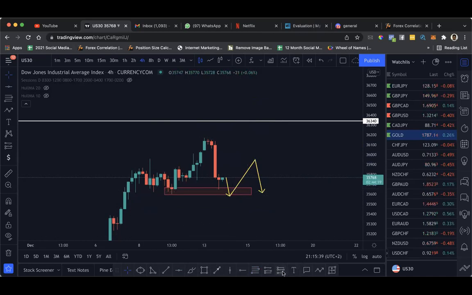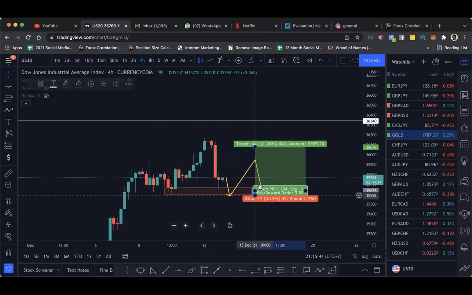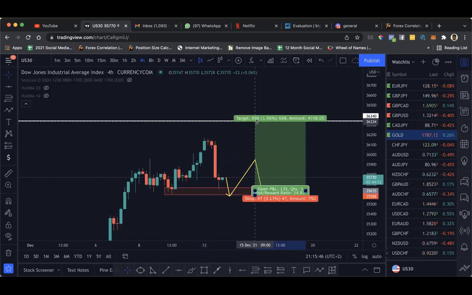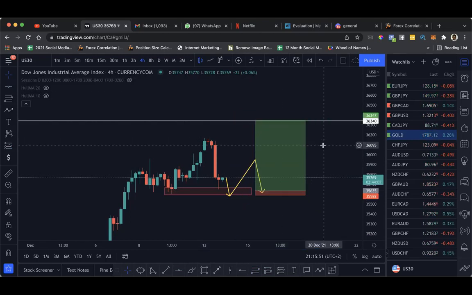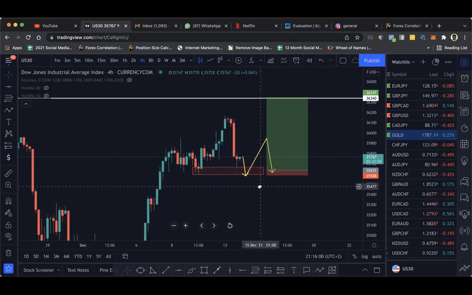You can be risking about 1 to 15 risk to reward right there for you. But you have to just be a bit patient for price to do its thing. Let the manipulation happen first before you take entries. Remember, you want to trade with the market makers, and they will never make a real move without first acquiring liquidity. They do that a lot.